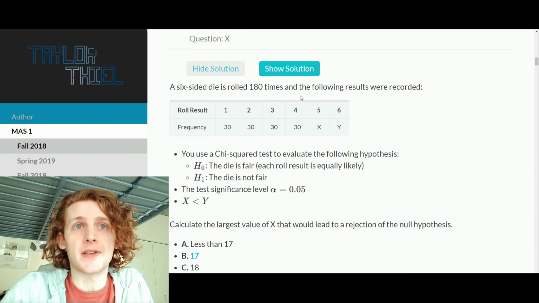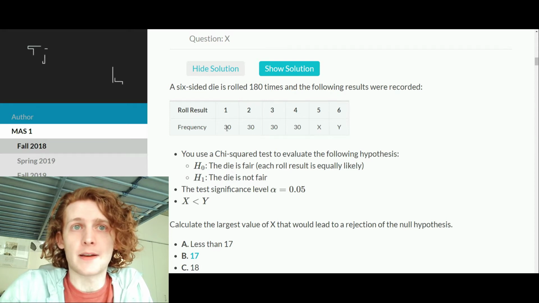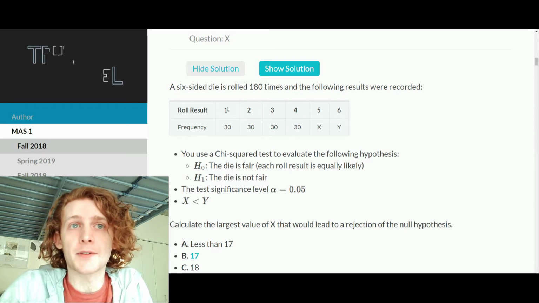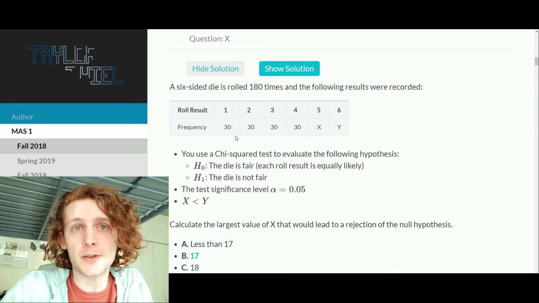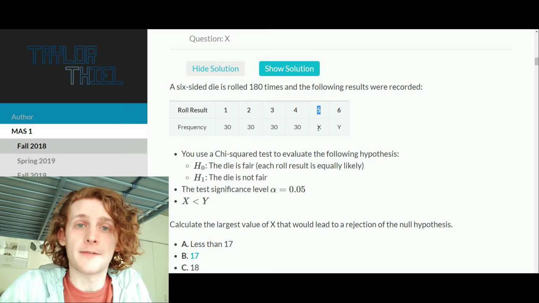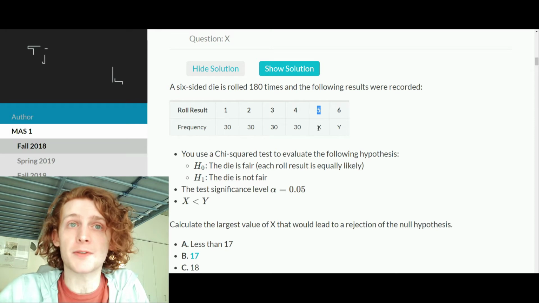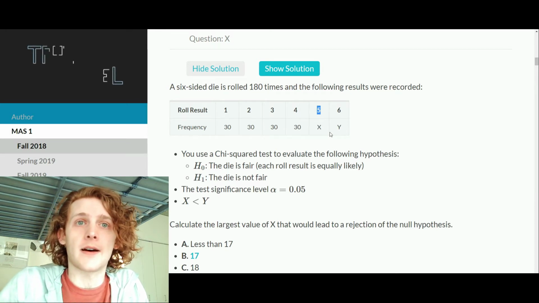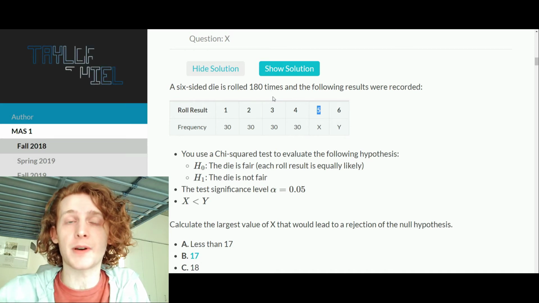So actually using our problem as an example here, we know there's 180 total rolls of the die, and we know die rolls, the sides 1, 2, 3, and 4 showed up 30 times each. Now, if I told you that we rolled 30 5s, I don't even need to tell you how many 6s we rolled because you can just calculate that, which is 180 minus all of those values, which leaves you with the remainder of 30.